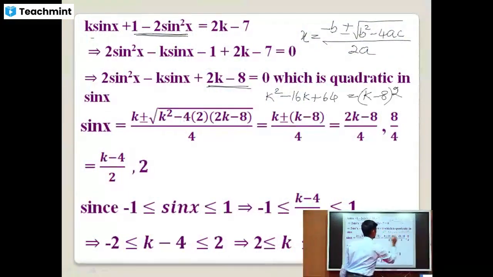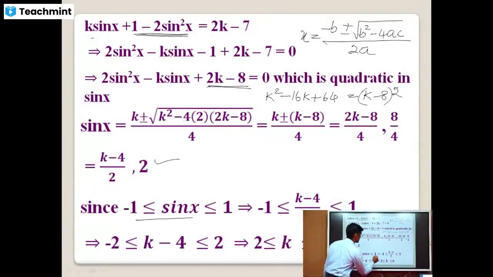Square root of k minus 8 whole square is k minus 8. So it is k plus or minus (k minus 8) by 2. When you use plus, it is 2k minus 8 by 4. When you use minus, it is 8 by 4. Minus into minus is plus, 8 by 4. Or here k minus 4 divided by 2, or this is equal to 2. This is the value of sin x.